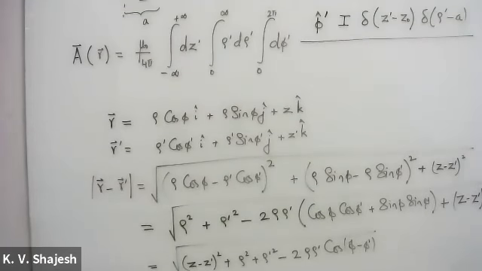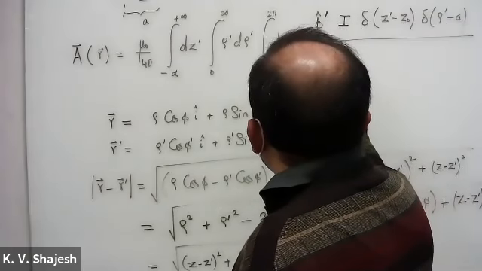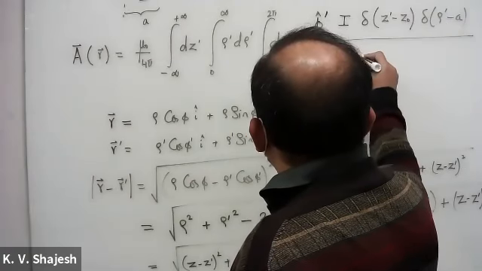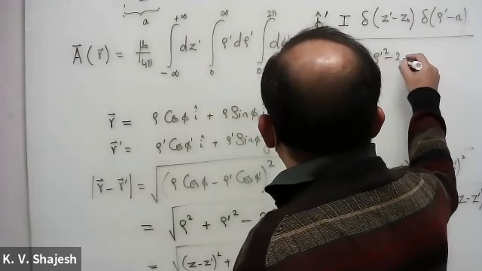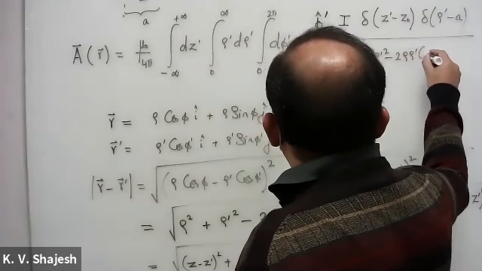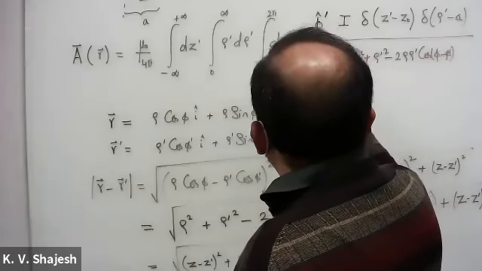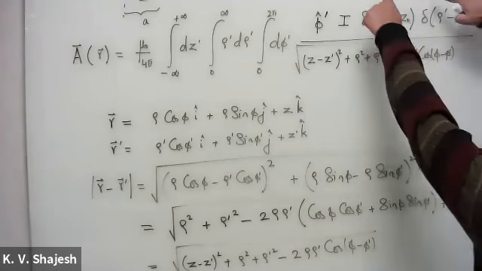So I get this is equal to z minus z prime squared plus rho squared plus rho prime squared minus 2 rho rho prime times cosine of phi minus phi prime, and the whole square root, right? That's what it is. So this is r minus r prime.